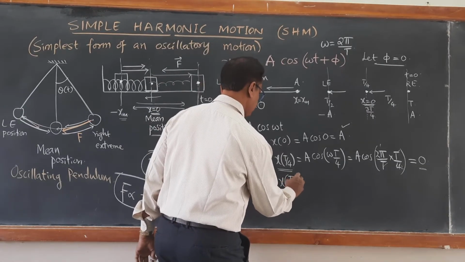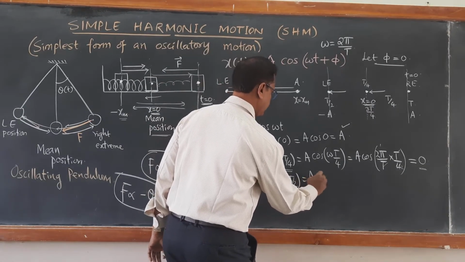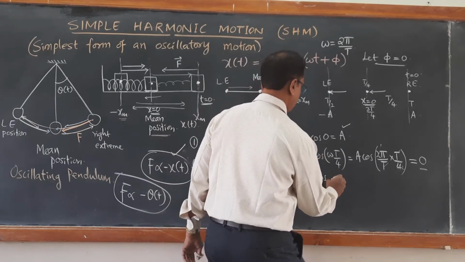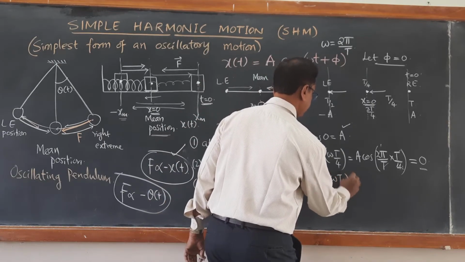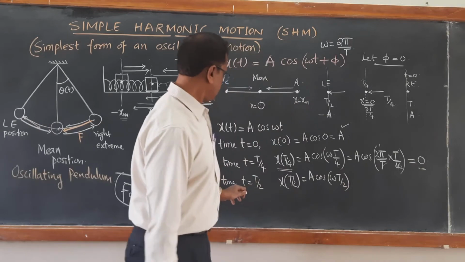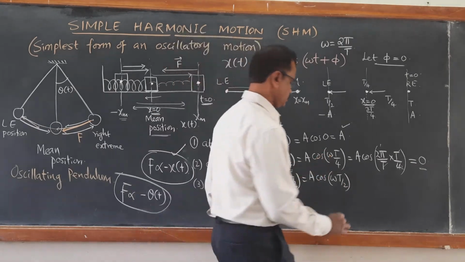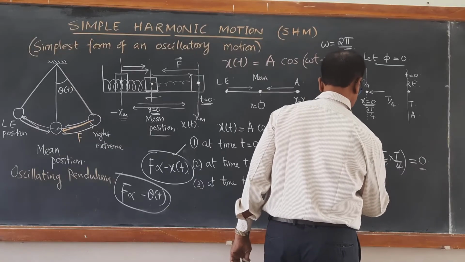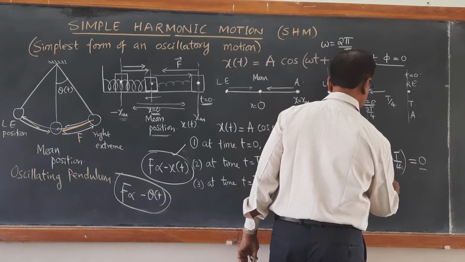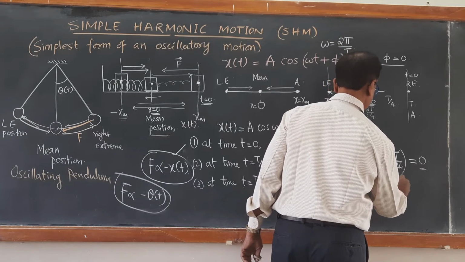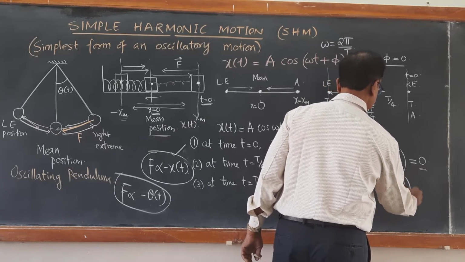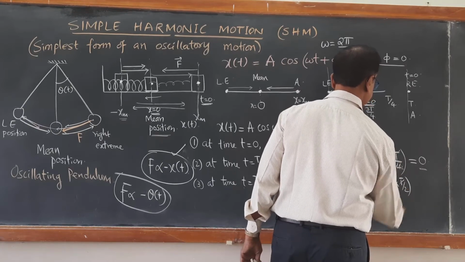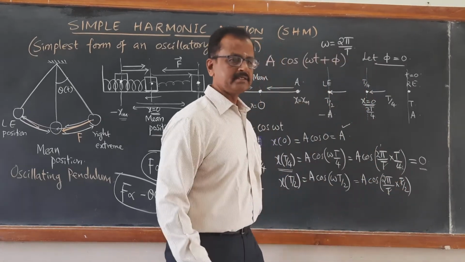At x of t by 2, a cos omega t by 2. I just substituted the t value equal to t by 2. Simplifying, we get 2 pi by T into T by 2. T cancels, 2 cancels.